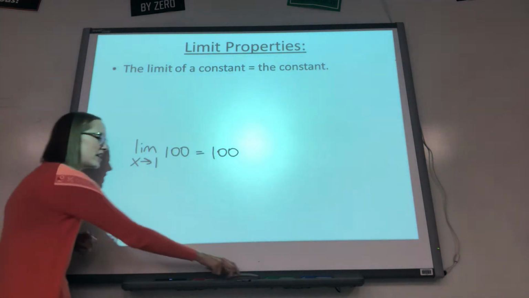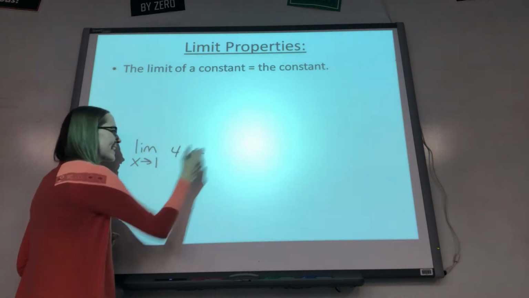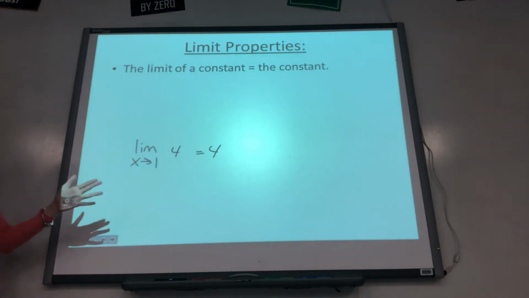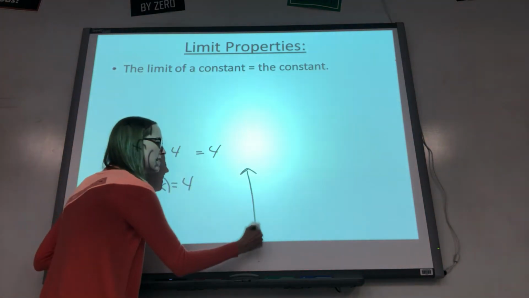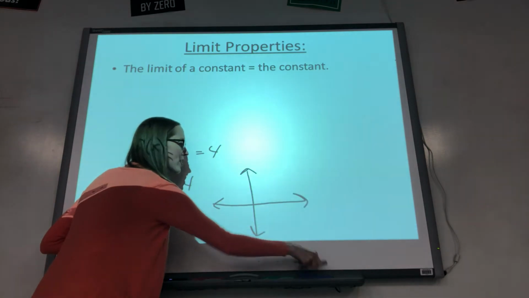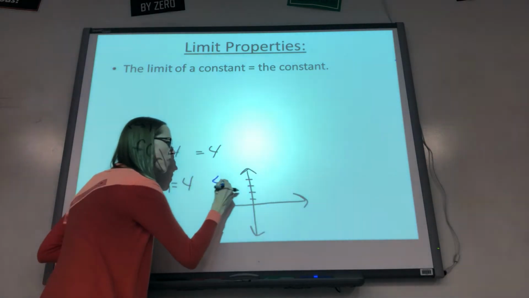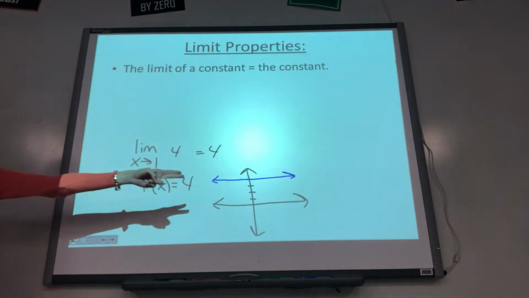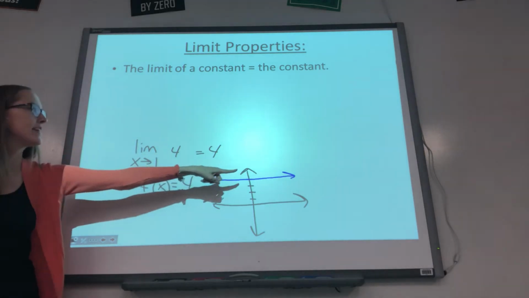The reason is, if you think about 4 as a function, like f of x equals 4, that is a horizontal line at y equals 4. So imagine approaching any x value on this line.